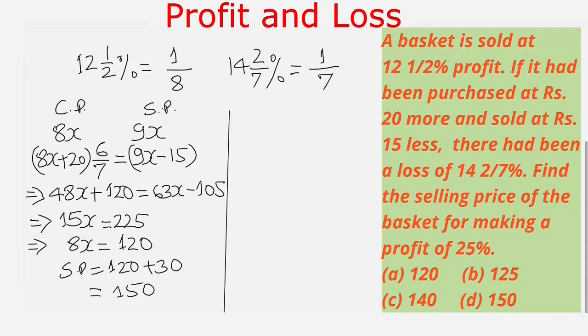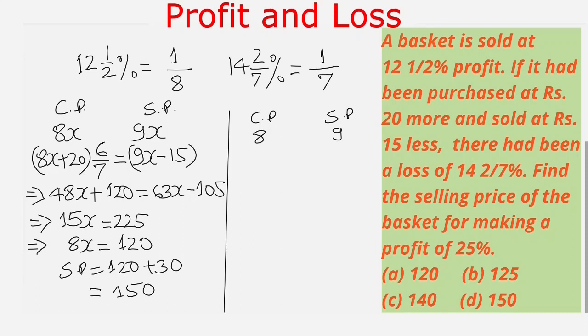Now we solve this question by shortcut method, that is by cross multiplication method. If our cost price is 8 units, then with a profit of 12.5%, that is, there will be a profit of 1 on every 8, so it will become 9 units. 8 plus 1 is 9 units. And in second case, the loss is 14 whole and 2 upon 7%, which is 1 upon 7.